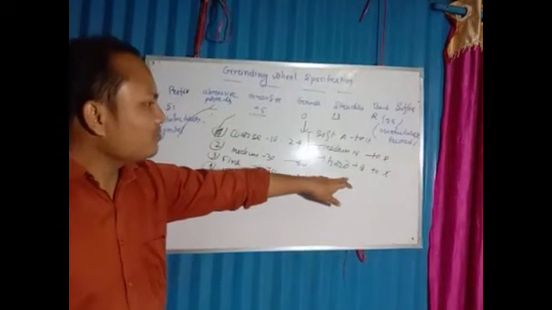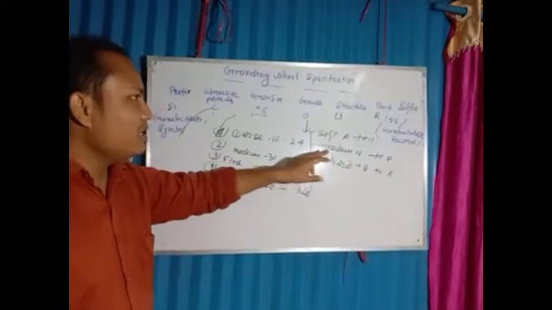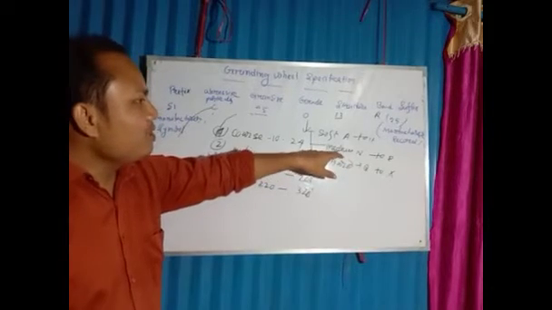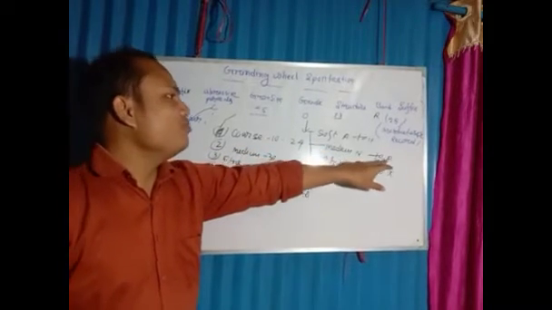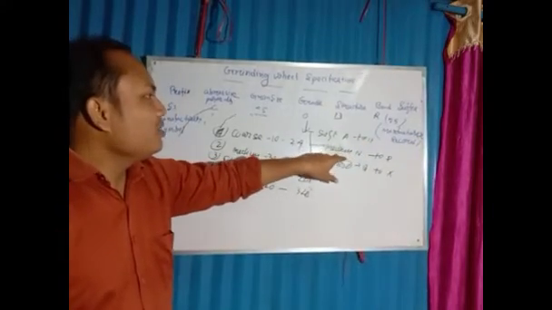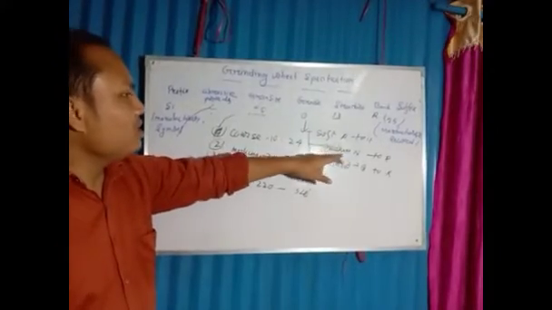Where is O? O, I think, is in the medium range. N, O, P. So its grade will be medium grade.